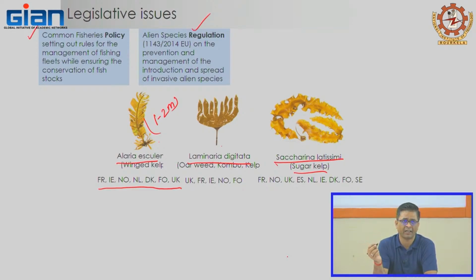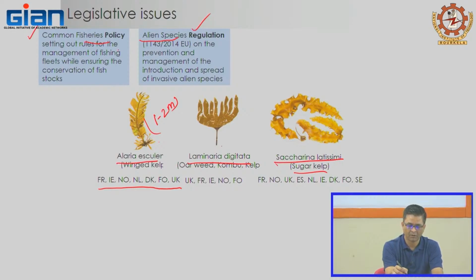Cynodon dactylon is also not native to this place, I believe. Parthenium is one which is not native, and it just came in by chance, with some seed or crop. So this is what is known as alien species regulation.